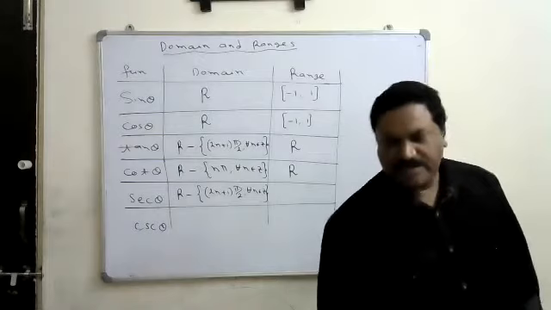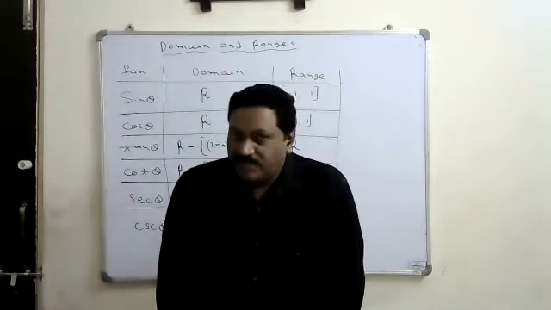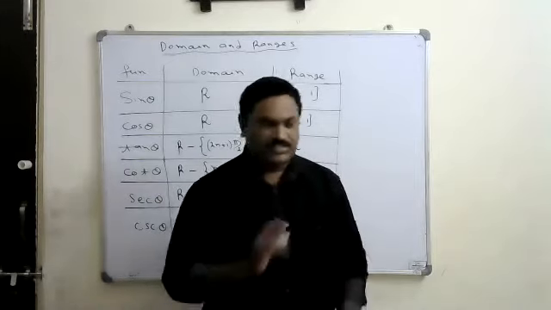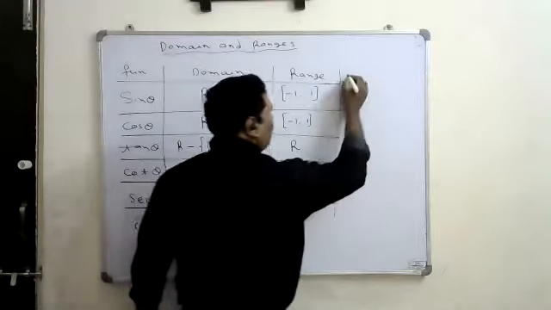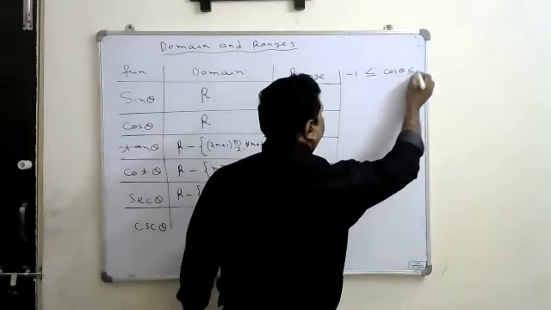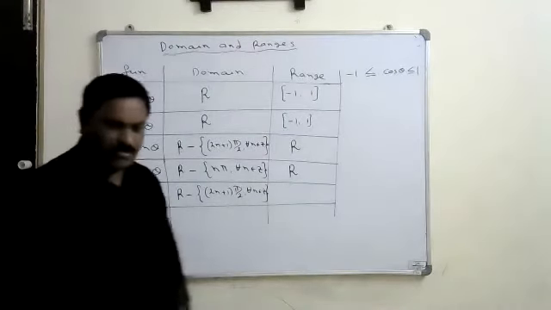To find the range, we know that secant theta is the reciprocal of cos theta, right? We know that the range of cos theta lies between -1 and 1.